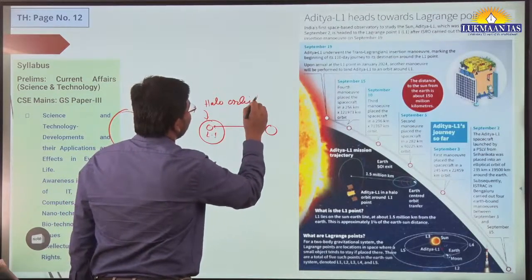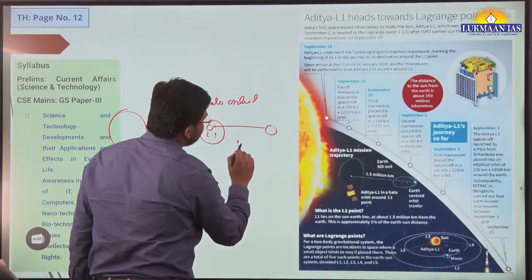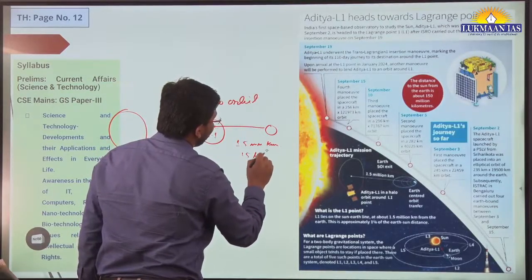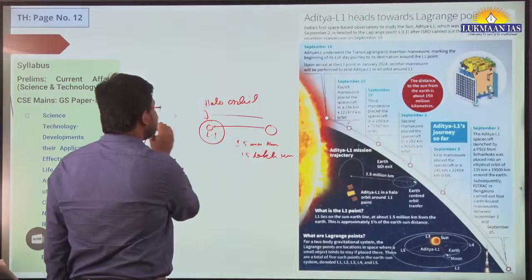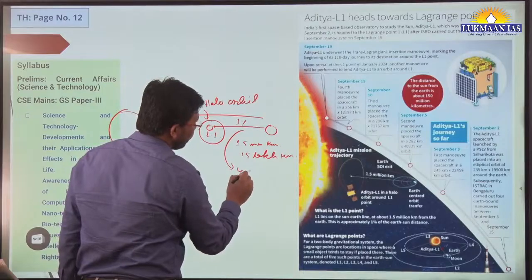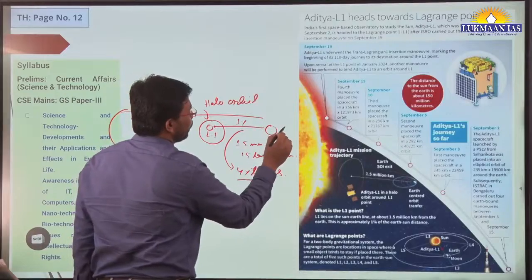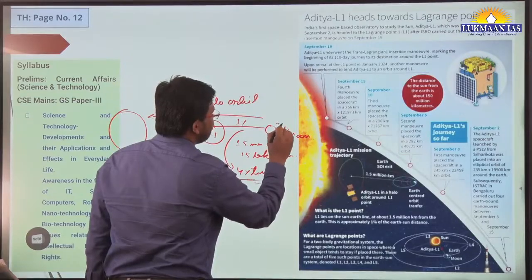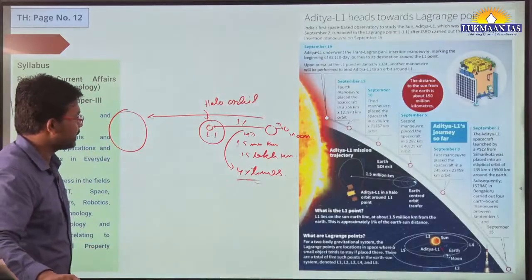This particular point is 1.5 million kilometers, that is 15 lakh kilometers, away from Earth. This distance is 1% of the Earth-sun distance, and it is around 4 times the distance between Earth and the moon. Let's say this is the moon, and whatever distance this is, let's say d, then this distance is 4d.